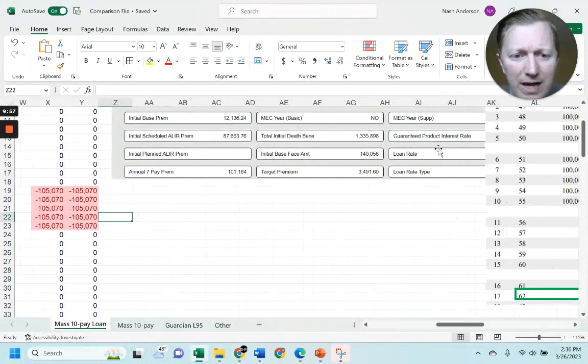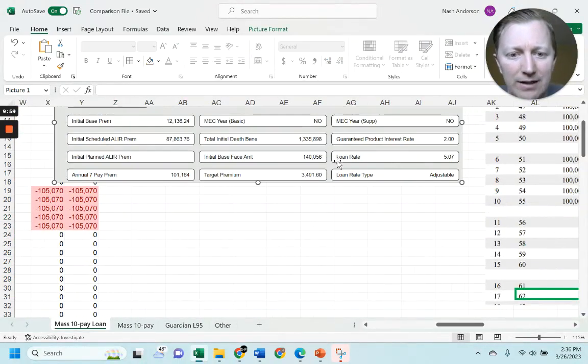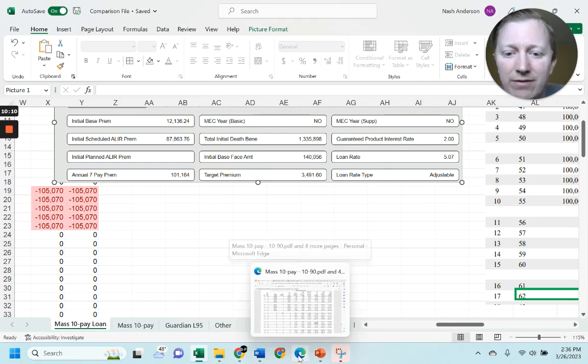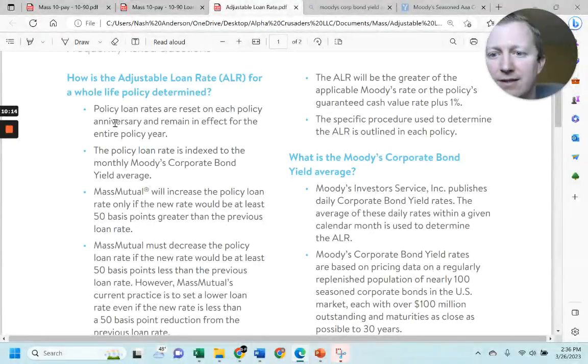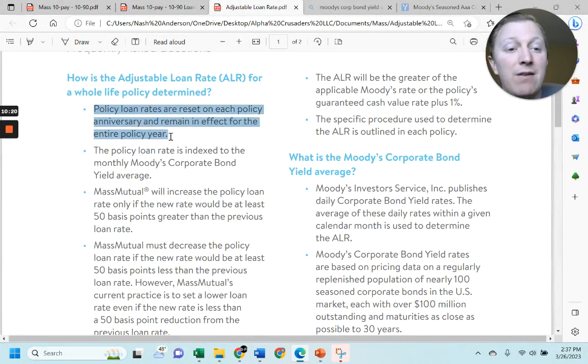Now, where did we get that loan rate? Currently, it's an adjustable loan rate of 5.07%. So I just took this from the software so that we can tie that off right there. Now, the adjustable loan rate. Policy loan rates are reset on each policy anniversary and remain in effect for the entire policy year.